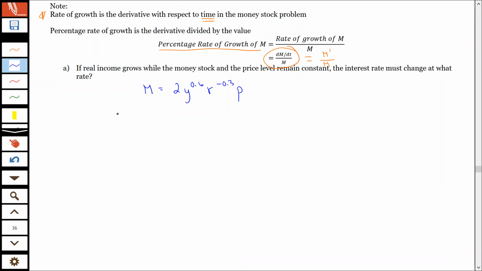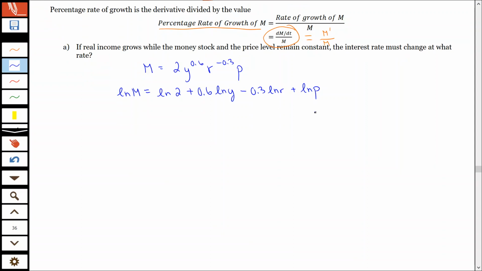So if I take the ln, I'm going to have ln M is equal to ln 2 plus 0.6 ln Y minus 0.3 ln R plus ln P. All we did, those exponents came down and out front.